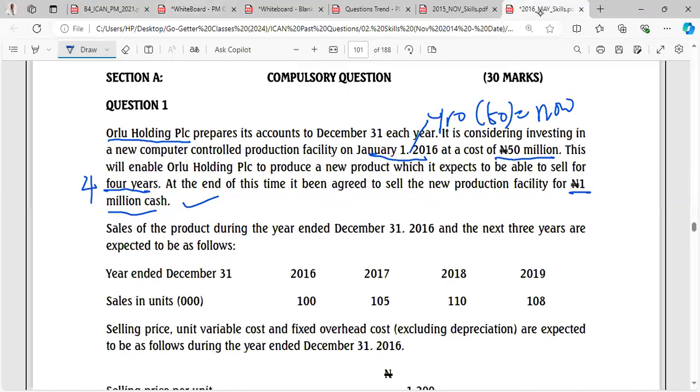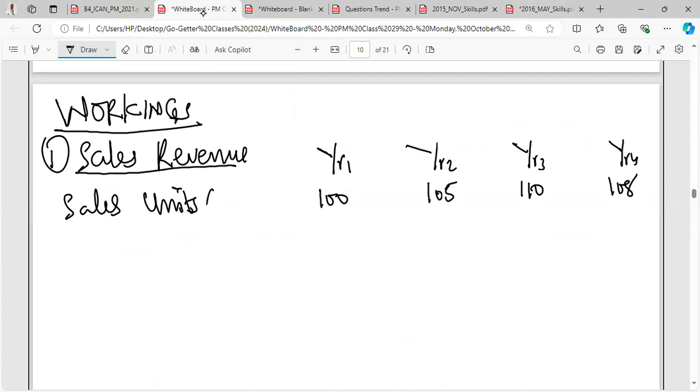Am I correct? Yes, of course, it's in 3 zeros. All right. So now this is the sales unit. Then we have sales price.